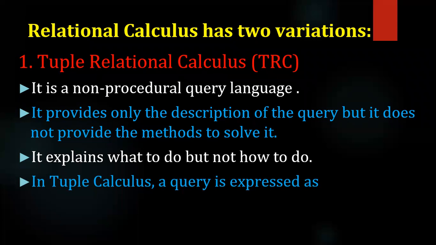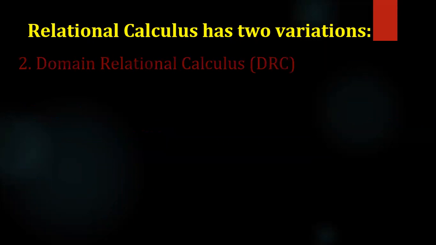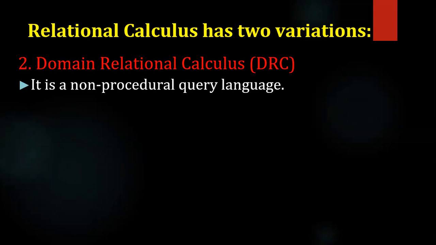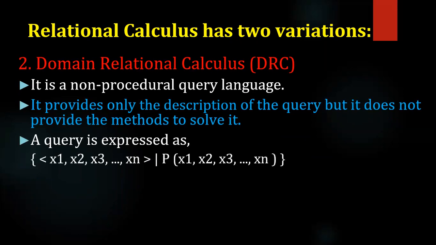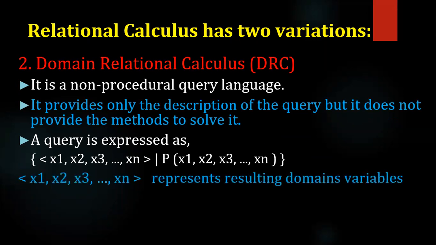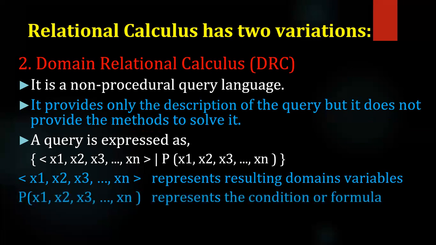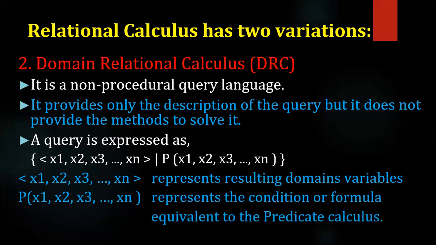In tuple calculus, a query is expressed as {T | P(T)}. Next, domain relational calculus is also a non-procedural query language; again it provides only a description, not methods, and it is expressed like this, where x1 to xn represent domain variables and P(x1 to xn) indicates the conditions or formulas, which are similar to predicate calculus.